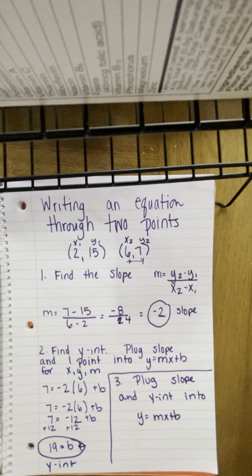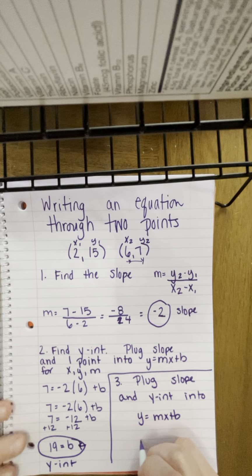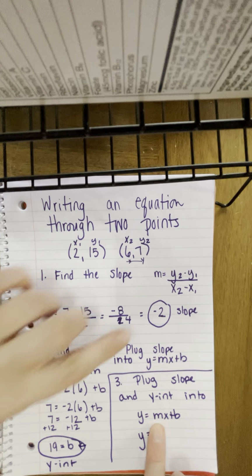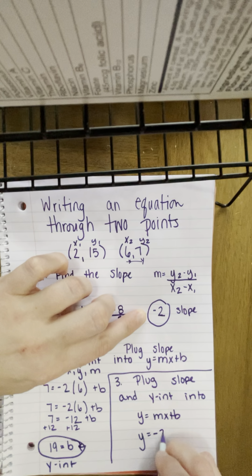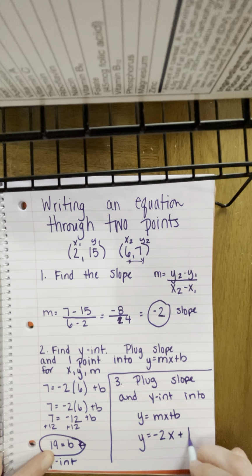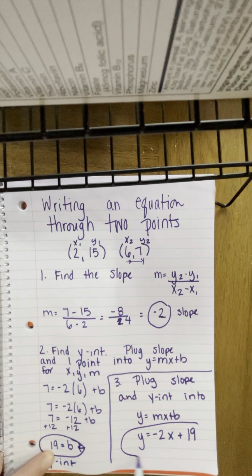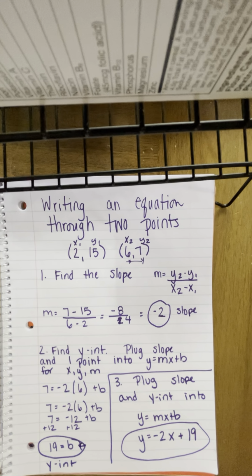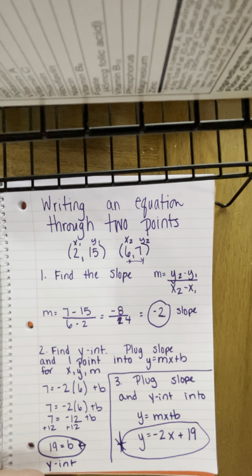And in an equation, x and y are still there. M and b become numbers. So you're going to get rid of that 7 and that 6 you used here, and you're just going to have y equals negative 2x plus 19. This is the equation.